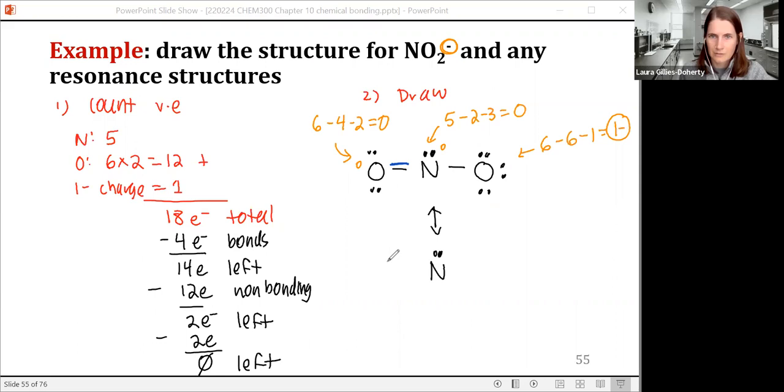It could also be drawn going back to before I put the double bond in. I could just as easily put the double bond in on the right and make it right there. And so these are 2 resonance structures. They're the same except for the placement of the double bond where those electrons go.